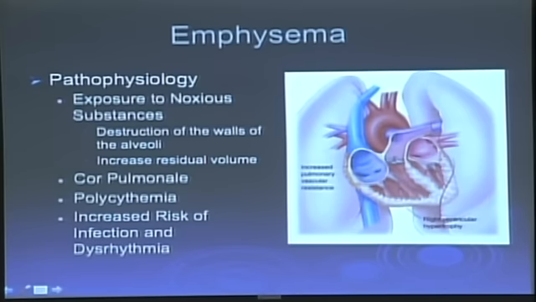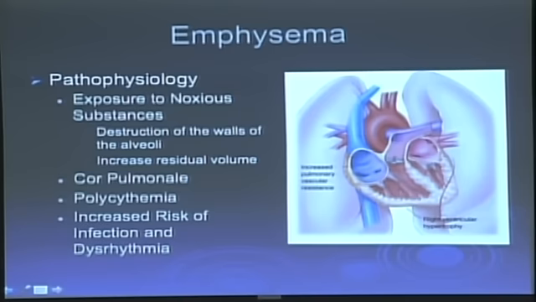That chronic hypertrophy of the right heart in response to increased vascular resistance develops what's called cor pulmonale. The right heart becomes almost as big in some cases as the left heart. That decreases the internal size of the right ventricle, so it makes it more difficult to pump a large volume forward.